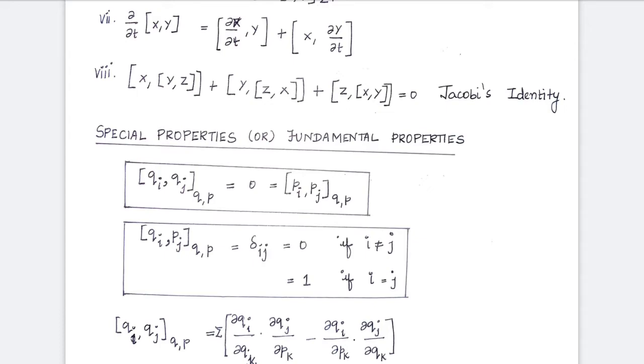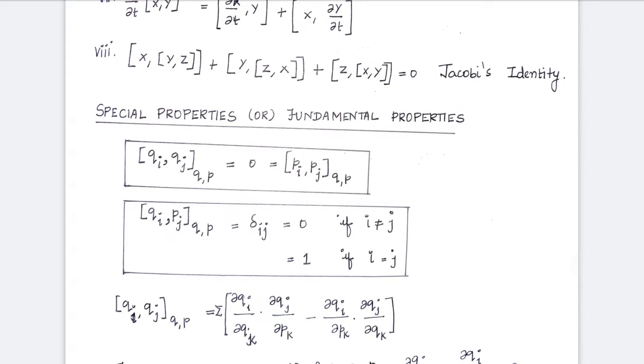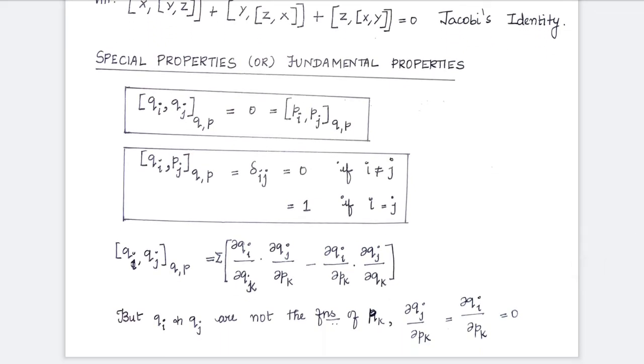This is the first fundamental property of Poisson's bracket. The second one is the Poisson's bracket of Qi and Pj, which will give you delta ij, the Kronecker delta. This means it will be equal to 0 if i is not equal to j, and will be equal to 1 if i is equal to j. So let us prove these fundamental properties.